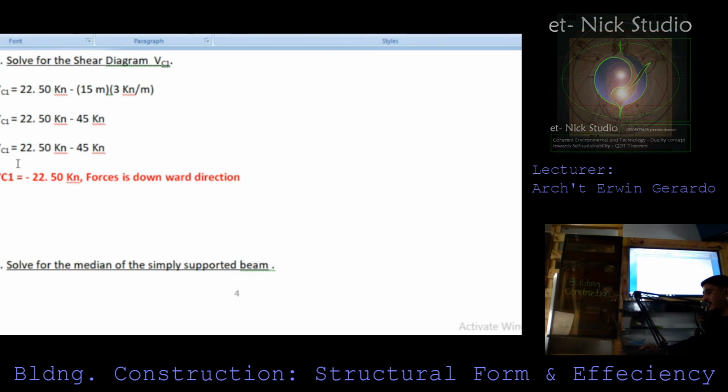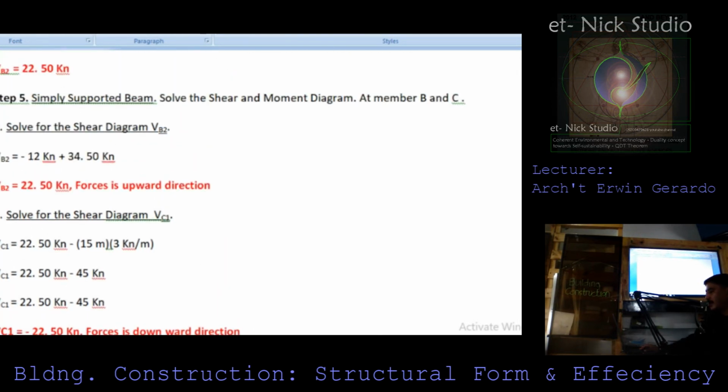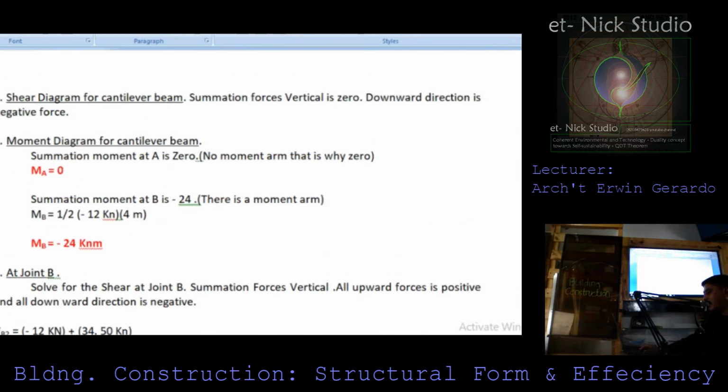So therefore, 22.5 kilonewton minus 45 kilonewton, we are able to get negative 22.5 kilonewton. Forces are in a downward direction. This is the reason why we were able to attain this value.